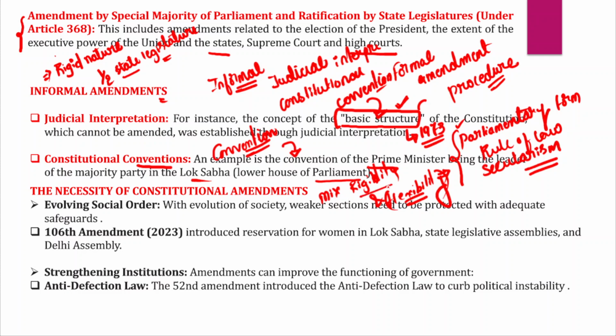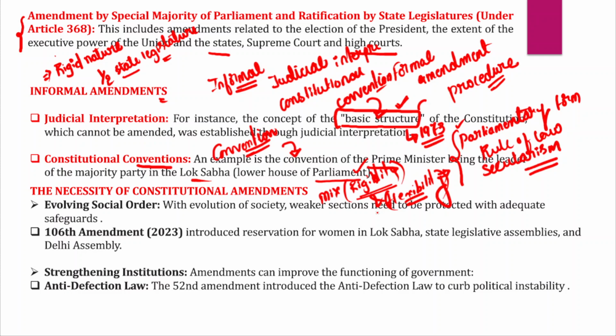However, there are some provisions of the Indian constitution which cannot be amended with that ease. That reflects the rigid nature of the Indian constitution. For example, a special majority with the consent of half of the state legislatures is required. So it is a mix of rigidity and flexibility.